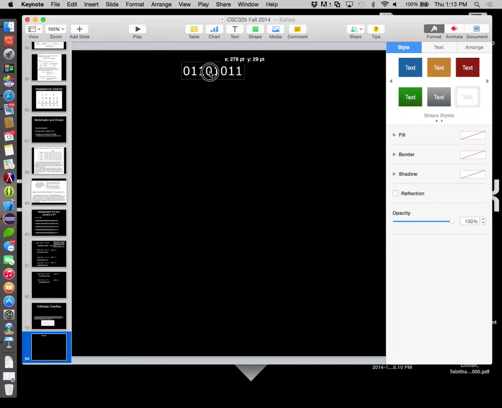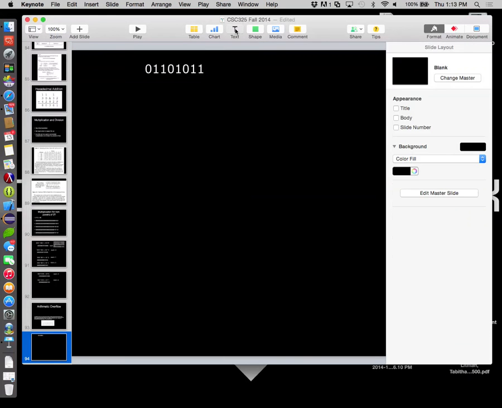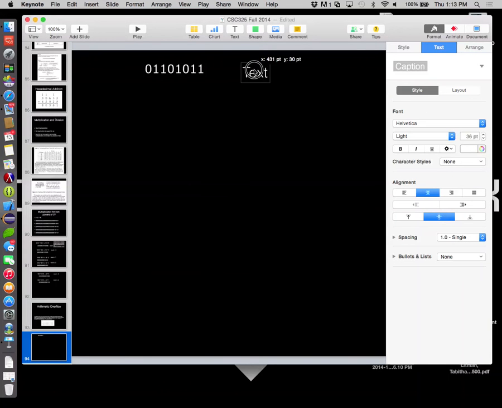What number is this in decimal? So 1s, 2s, 4s, 8s, 16s, 32s, 64. So it's 64 plus 32 is 96, plus 8 is 104, or 107.